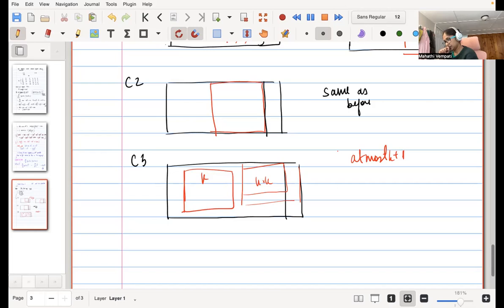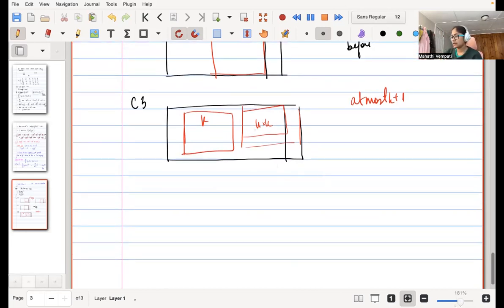So not only do you want to save a K cross K square here, but for instance, if there was a K minus 1 cross K minus 1 square here, then you want to save that as well.